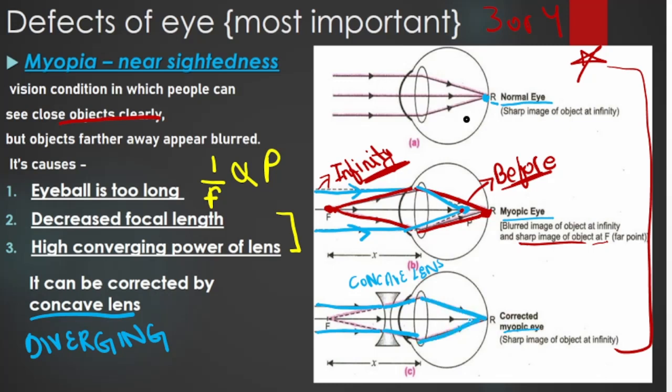So this myopia, this defect of eye can be corrected by concave lens.